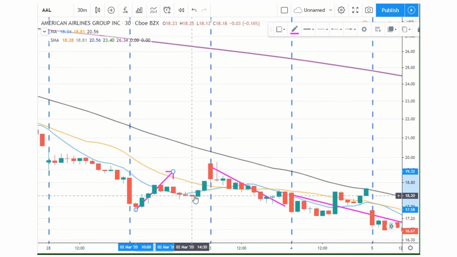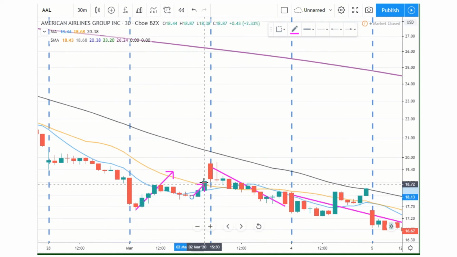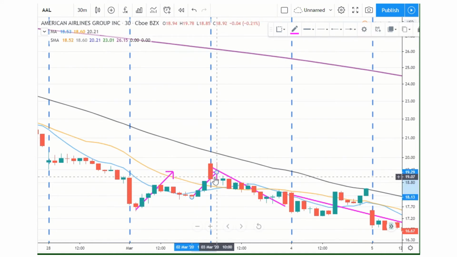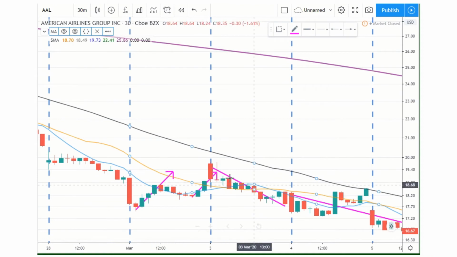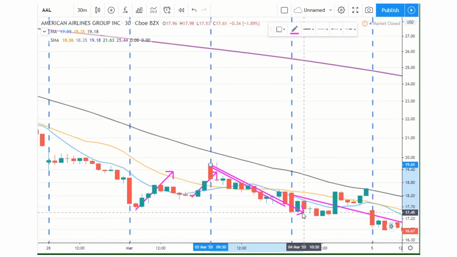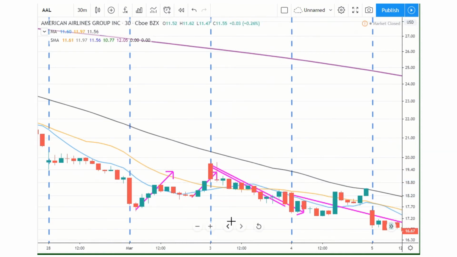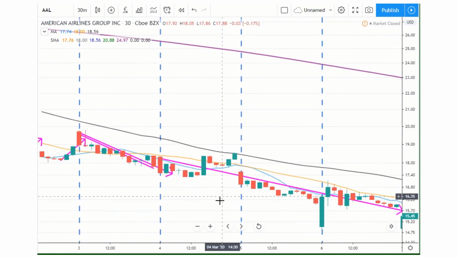Okay, again, you'll see some movement here, those green candles, and then you see the stock coming down. So you see the stock coming down this way. And that's what I usually notice.